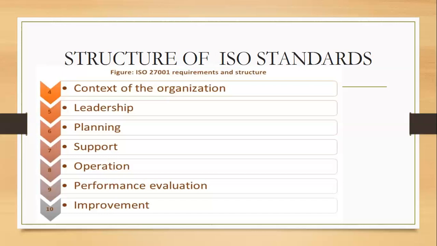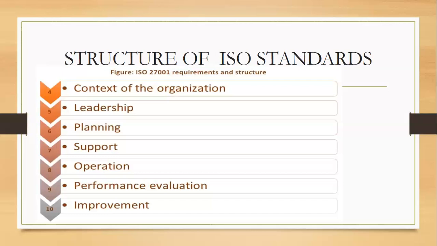Then we brought it to IMS, management system implementations. So there is a mapping. Plan is planning the integrated management system, and it is mapped to clauses 4, 5, 6, and 7.